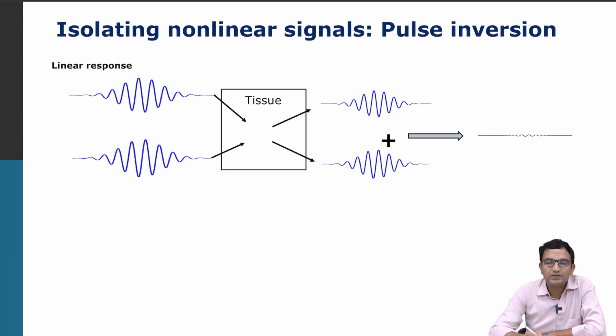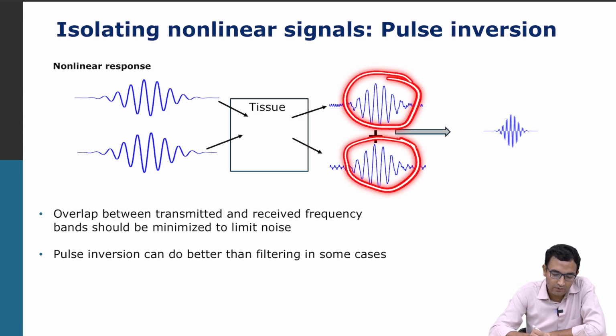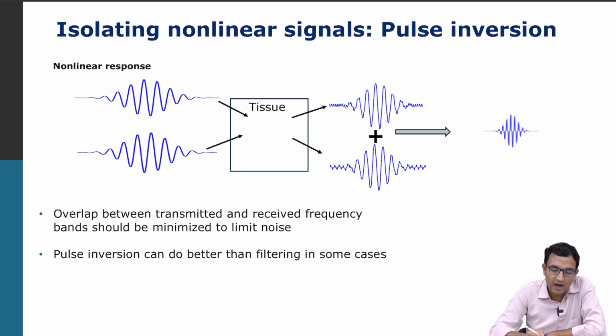So by doing this, we can eliminate any linear components. Any fundamental components will be eliminated and the nonlinear components will remain, which is shown in this schematic: if you have the distorted wave with the fundamental and harmonic components, if you sum it up, the fundamental component will be largely suppressed, but the harmonic component remains, and this is an efficient way of extracting these harmonics.